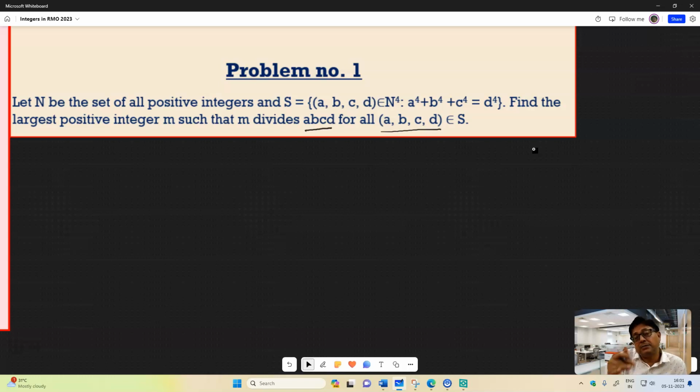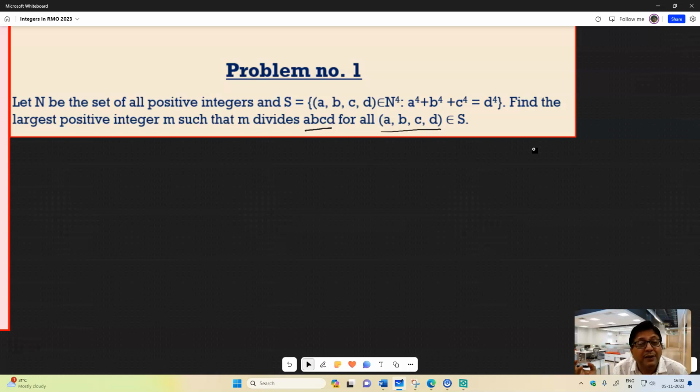So suppose the smallest value of the product is, by any calculation, 21 and the largest value is 2121. Your problem is to find the integer m which will divide A, B, C, D, I mean that 21 as well as the other values.